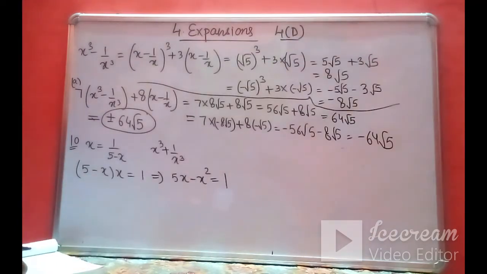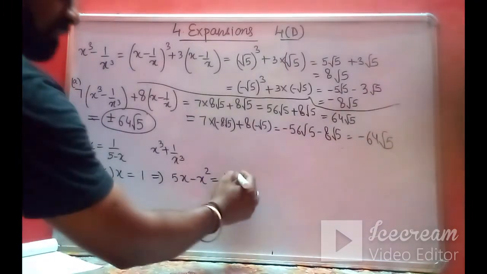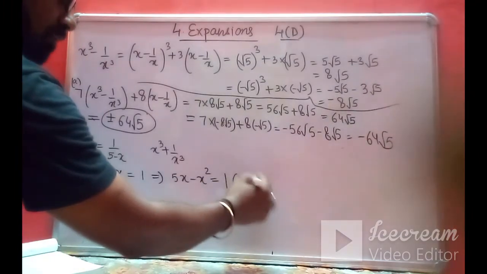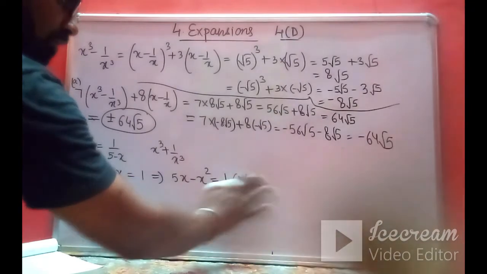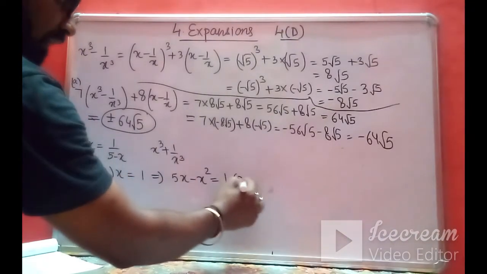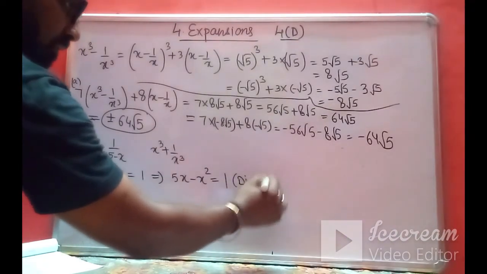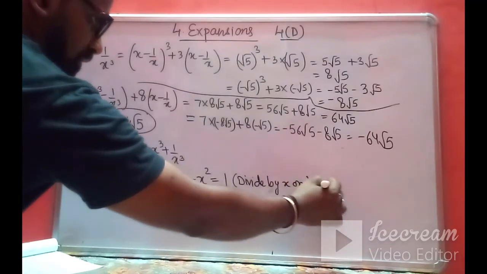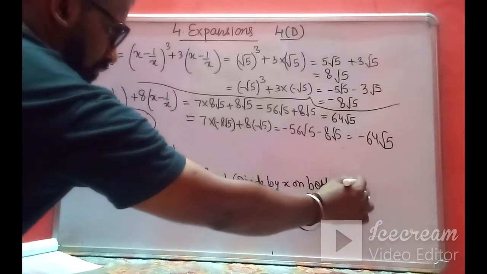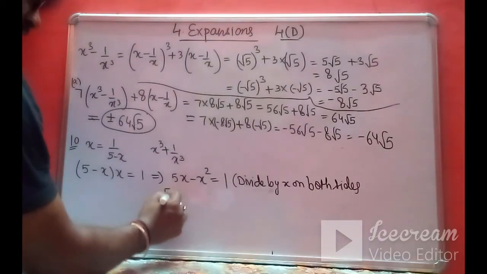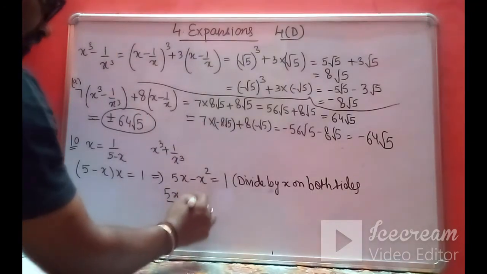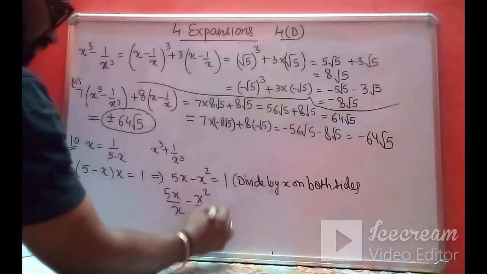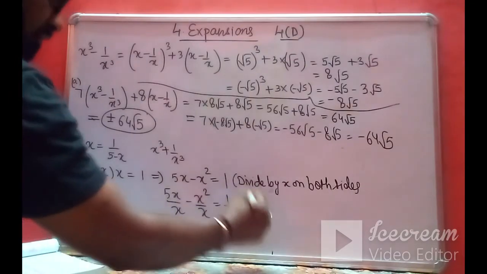Then we will divide by x on both sides. So it becomes, see, 5x upon x minus x square upon x equal to 1 upon x.